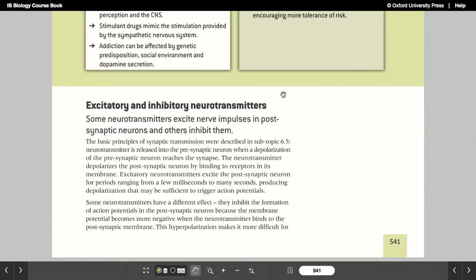So most of the time we've been talking about excitatory neurotransmitters, but then there's also inhibitory neurotransmitters, which the presynaptic neuron sends across the synapse, and then they go knock on the doors of the postsynaptic neuron, and instead of the message continuing, it shuts down the postsynaptic neuron.